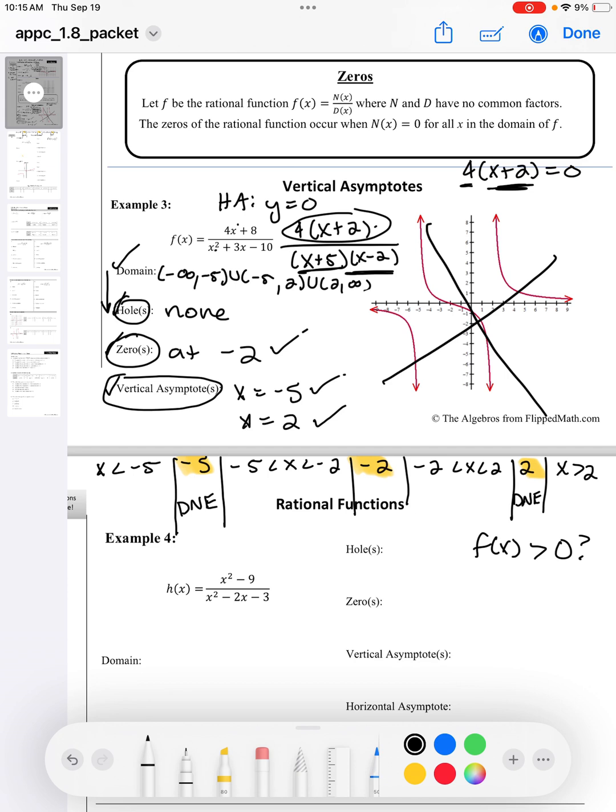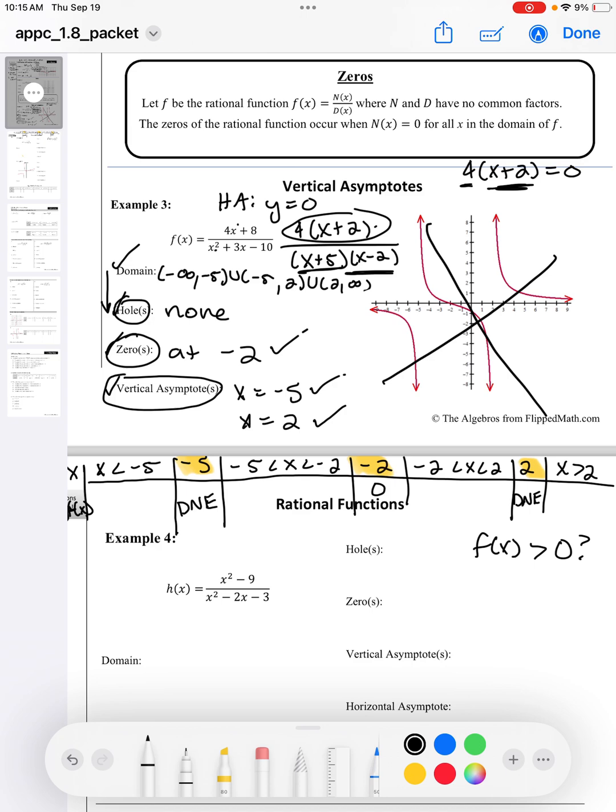So you can put DNE for does not exist. And at -2, I'll go ahead and draw a line here. At -2, the function is 0, and it will be set up like x and then f of x. Okay, so that's what I have set up so far.